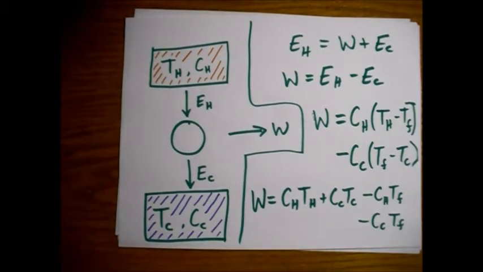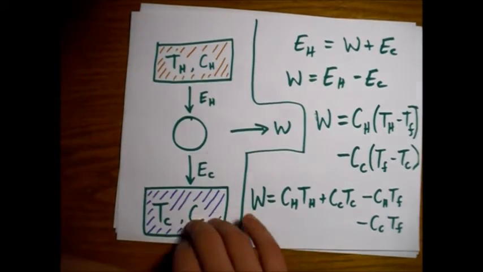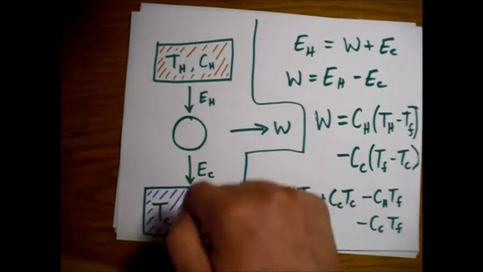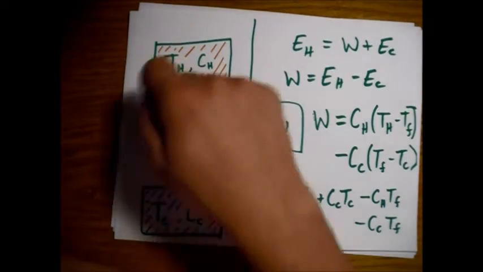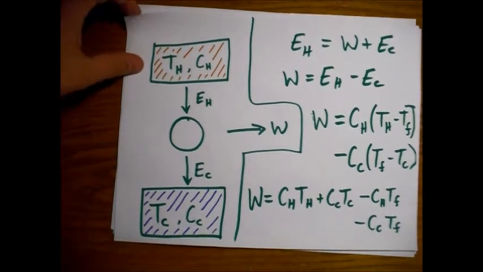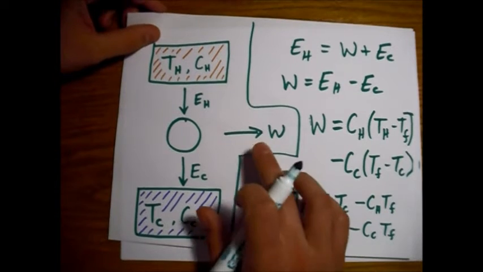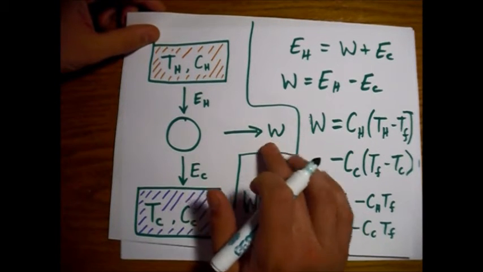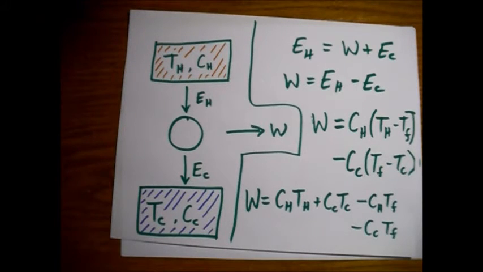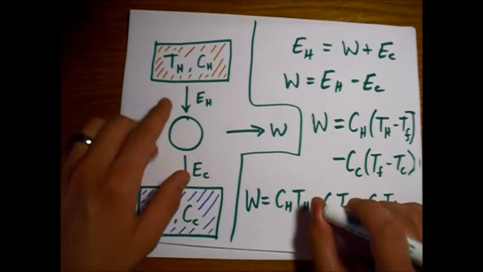So in the case of, say, these two being identical, the same material and the same amount of material, they would come to just the average of TC and TH. So TH plus TC divided by 2. But that's not necessarily the case here. Plus, we're taking the work out, right? So let's see what's going to happen.